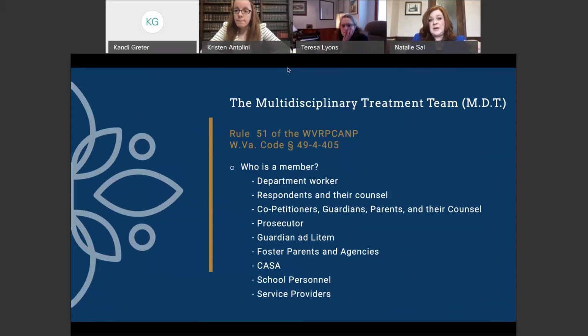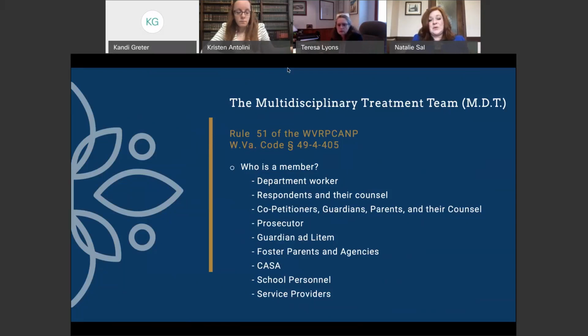In fact, they do and are required to adopt terms and conditions of improvement periods when they grant them, but they rely on the MDTs to not only put the details into some of those larger terms and conditions, but to look at the family more closely and look at the children more closely and decide what types of terms and conditions are going to lead to the right types of services that are going to help this family get to where they need to get to remedy the conditions of abuse or neglect. So having an active MDT where everyone has a voice is very critical in addressing the needs of every family.